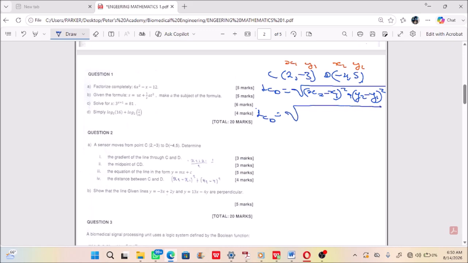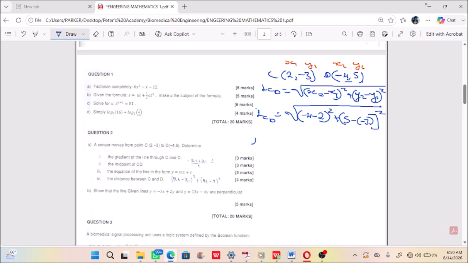Our x2 is negative 4, so negative 4 minus x1, which is 2, in parentheses, squared, plus, what is our y2? Our y2 is 5 minus y1, that is negative 3, squared.